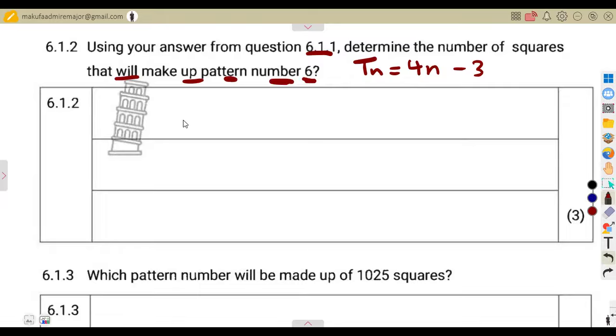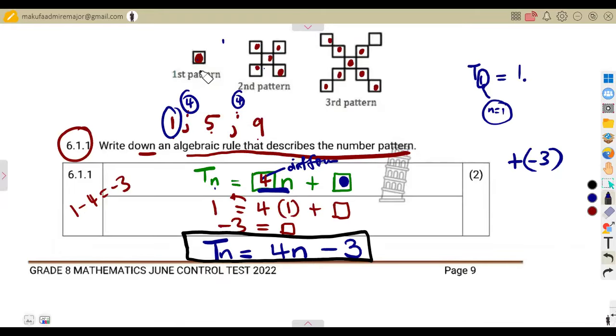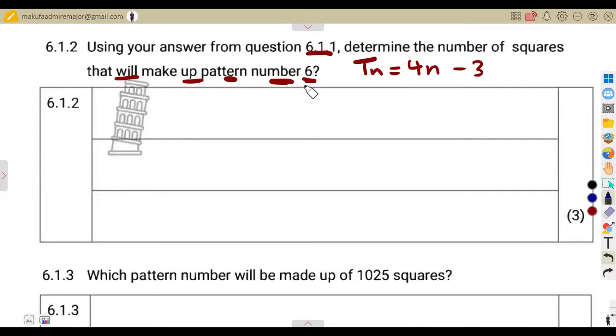As we see, these pattern numbers are just growing: pattern number 1 is your first term, pattern number 2 is your second term, pattern number 3 is your third term. So our pattern number 6 is the nth value. Our n is equal to 6. So the question is simply to calculate T6.